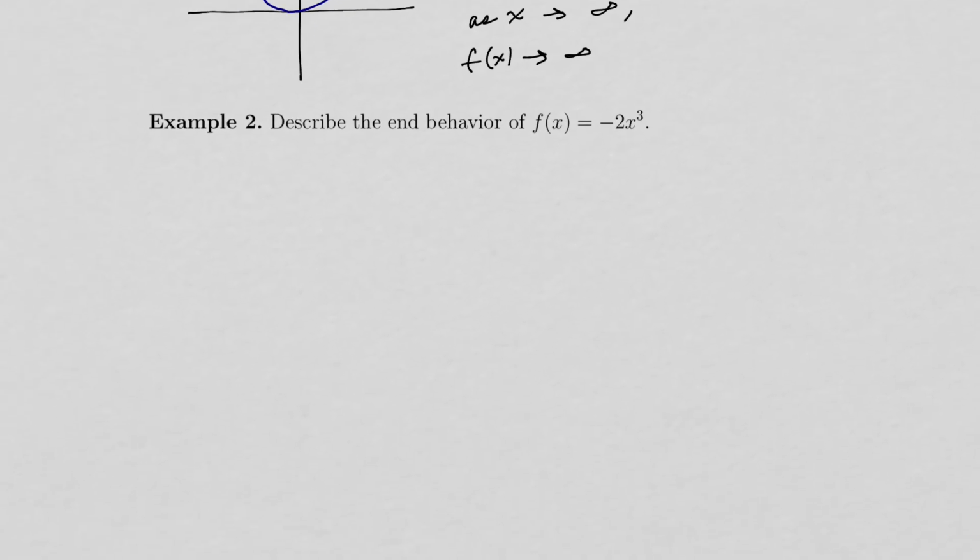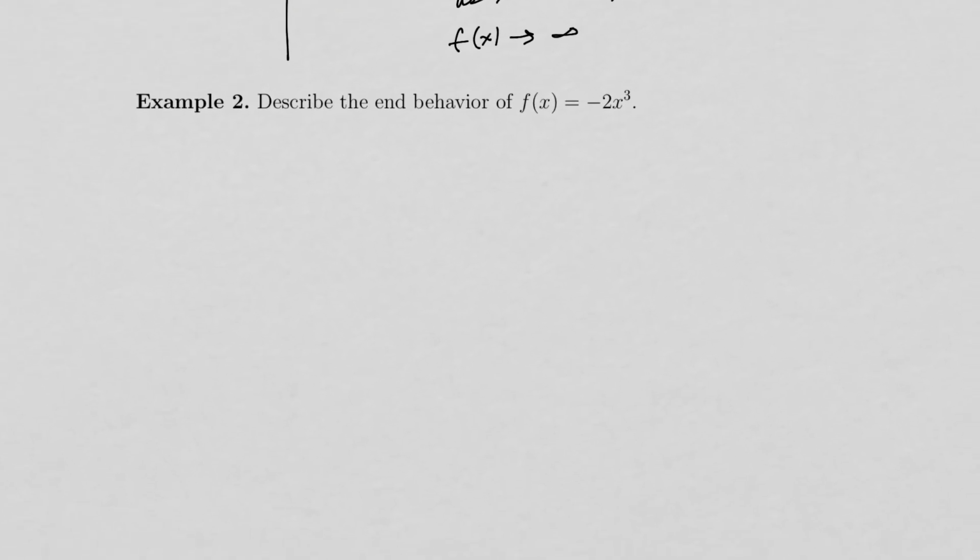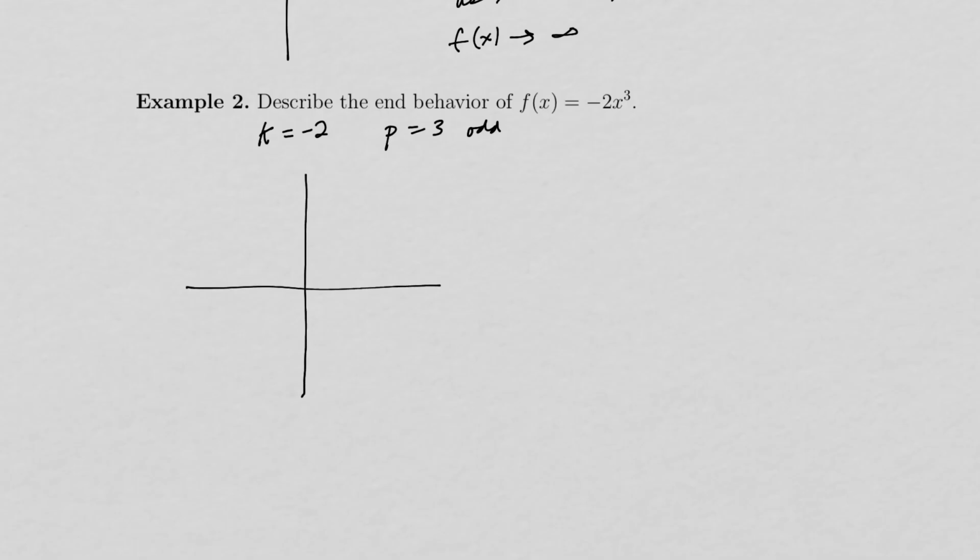Describe the end behavior of negative 2x cubed. Okay, so now k is equal to negative 2, right? So it's less than 0, it's negative. And then p is odd, right? P is 3, which is odd. So this is going to look like a regular cubic function, but flipped, right?